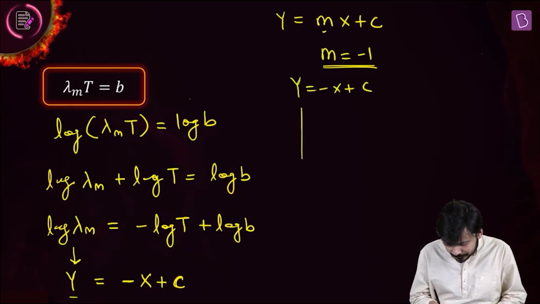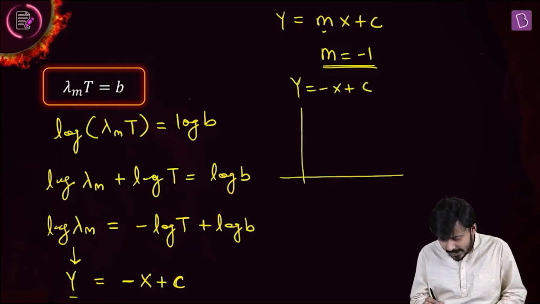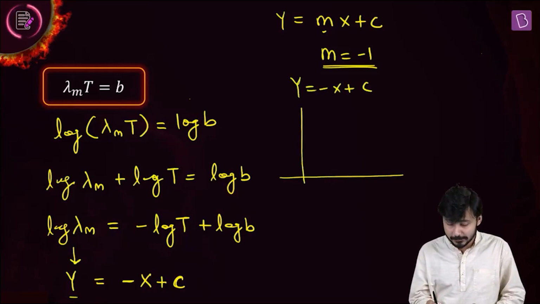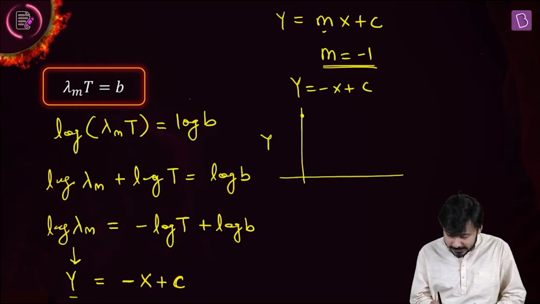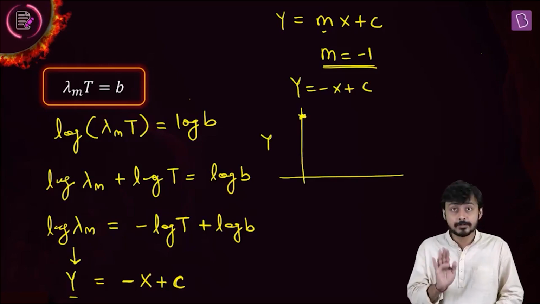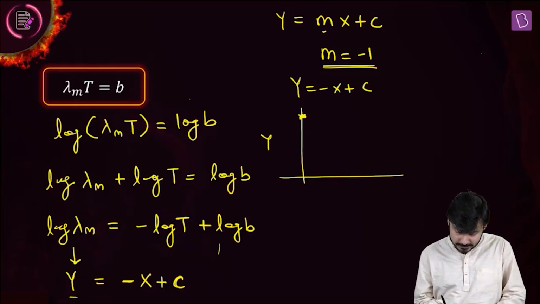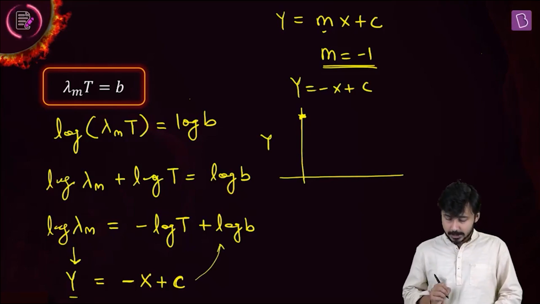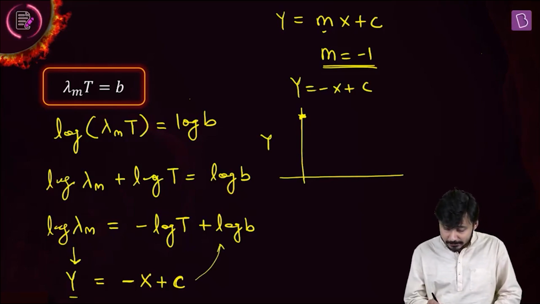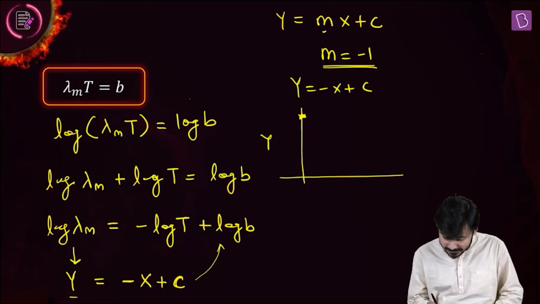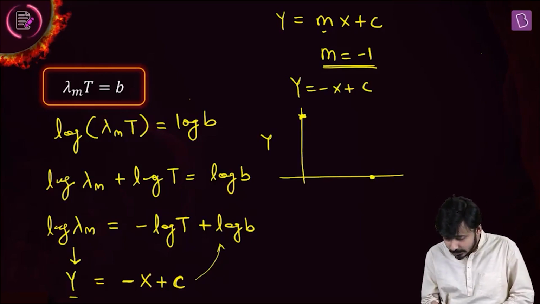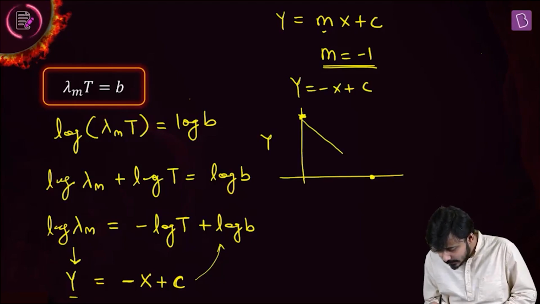You want to plot it. At x is equal to 0, the value of y is equal to c, right? That's a positive constant, log of B. And at y is equal to 0, x is equal to c. So the line should be like this, right?